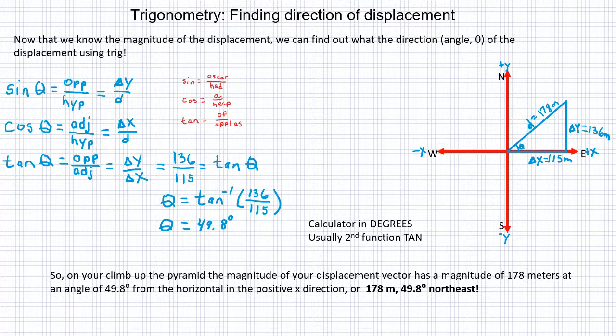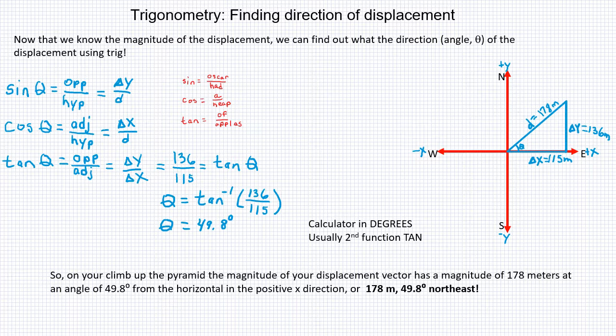So if we take the value of the opposite, which is 136, and divide it by the value of the adjacent, which is 115, then that equals tangent theta. Now you need to look at your scientific calculator, and you'll have to use the inverse tangent. So theta equals the inverse tangent of 136 over 115, and you get 49.8.